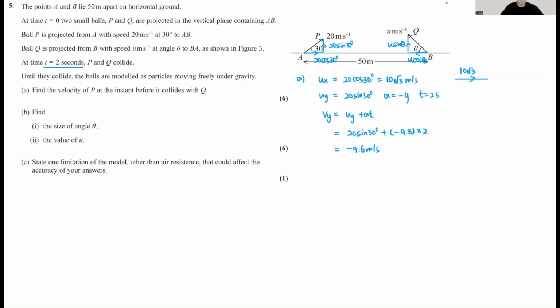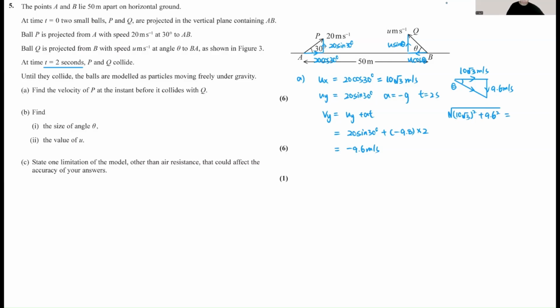And then negative 9.6, because originally we used upwards as the positive direction. This time we have negative, so it has to go down, 9.6 meter per second. So like this. So the speed has to be the magnitude of this, and the angle, this angle is what we're looking for. So first we work out the speed, so we can just do square root of (10 root 3) squared plus 9.6 squared.